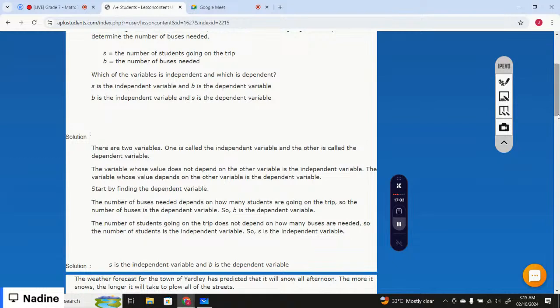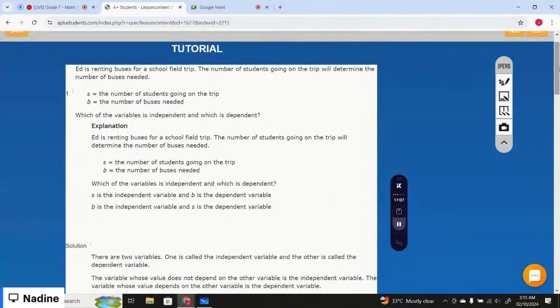Okay, now understand that. Let me read the question again and then I'll explain. Ed is renting buses for a school trip. The number of students going on the trip will determine the number of buses needed. This sentence is very, very important, given in every question. That means buses are dependent on the number of students going, right?